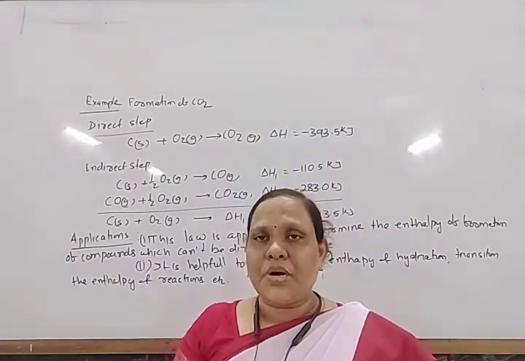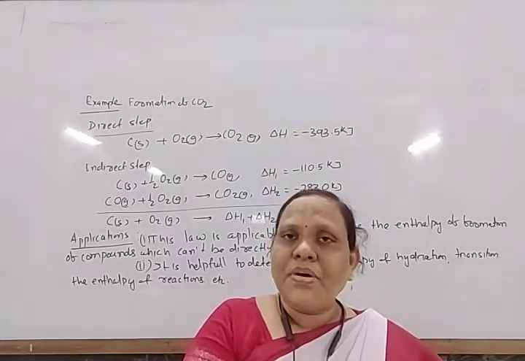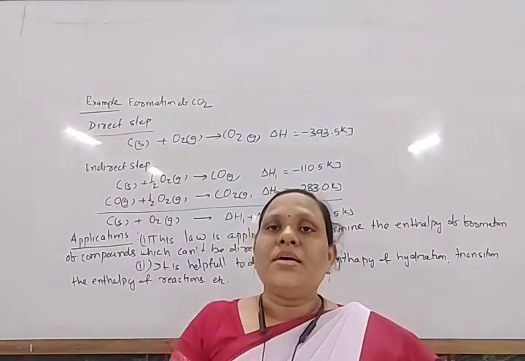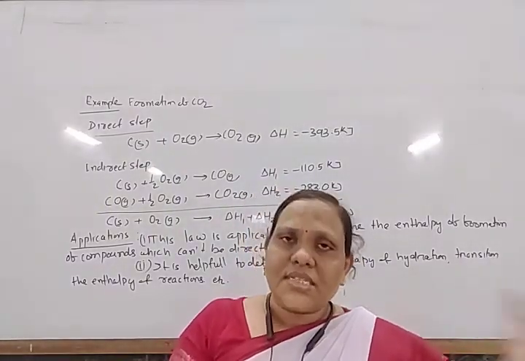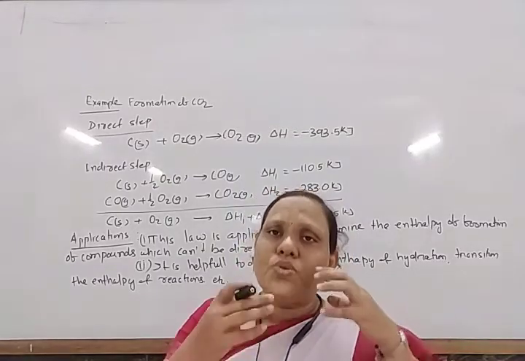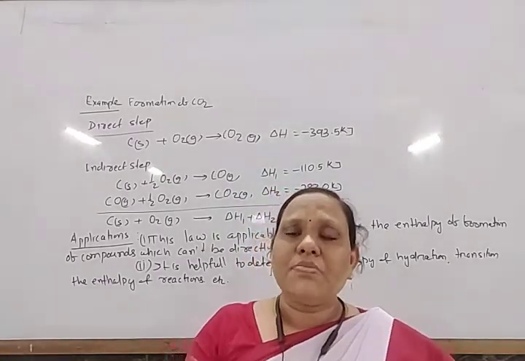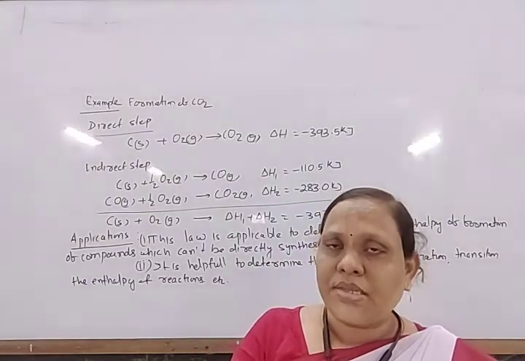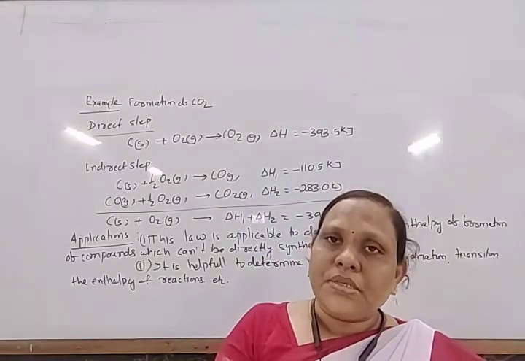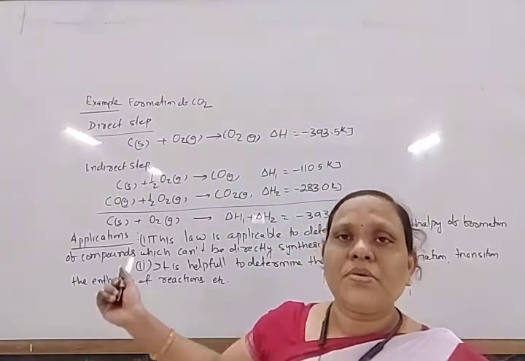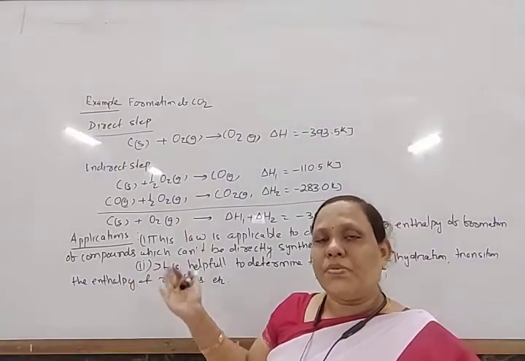Benzene cannot be prepared by taking 6 carbon and 6 hydrogen atoms. Methane also cannot. So for those compounds which cannot be synthesized directly by combining elements, it is helpful to determine the enthalpy of formation.